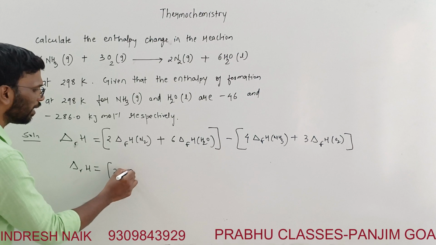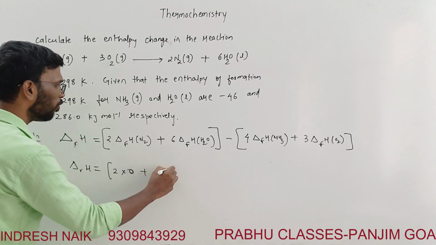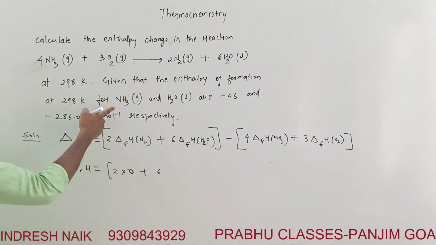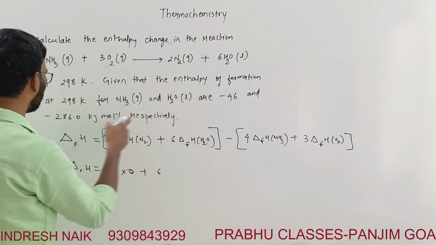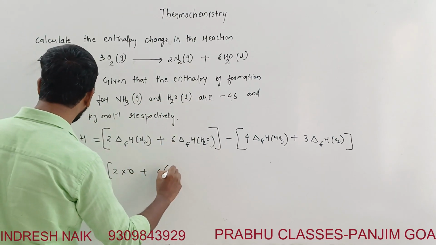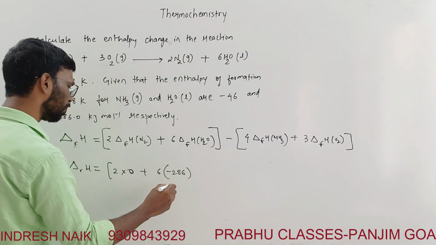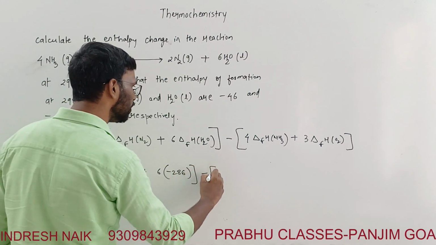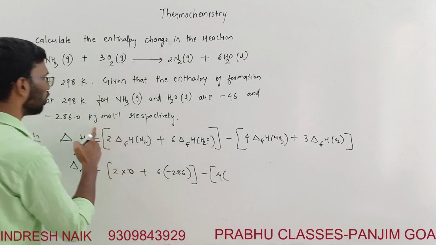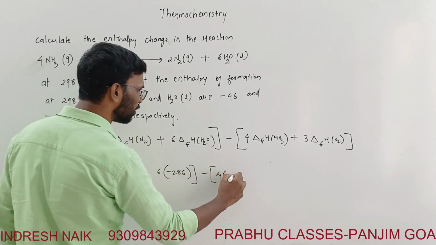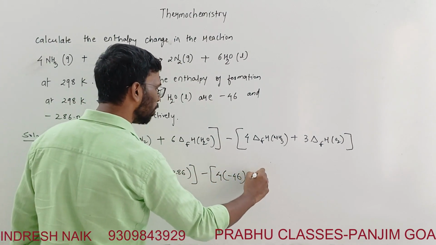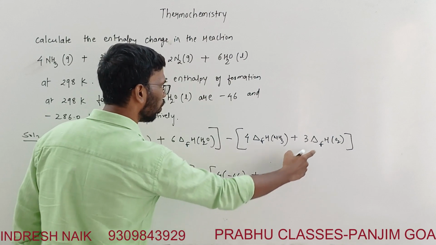We should know that it is equal to 0. Plus the enthalpy of formation of water is given. NH3 and water are minus 46 and minus 286, right? So 6 into minus 286, minus 4 into ammonia, which is minus 46, plus 3 into oxygen.